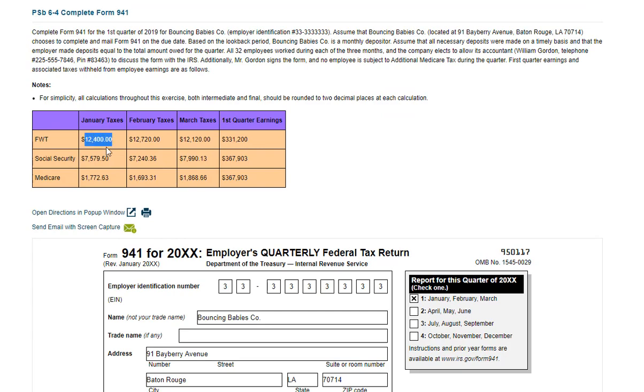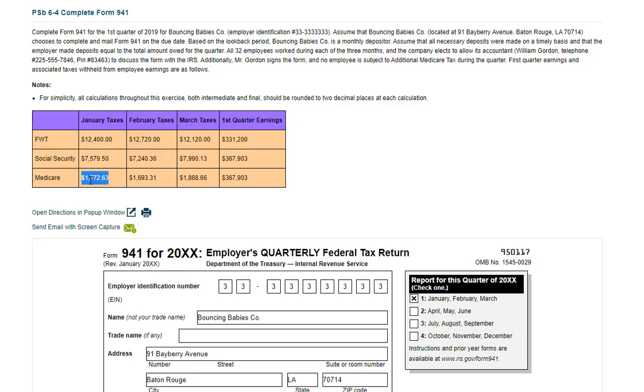right here, January, for federal withholding tax, Social Security, and Medicare. In addition, we need to double up on Social Security and Medicare for the employer's portion.